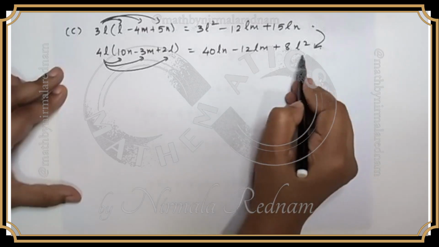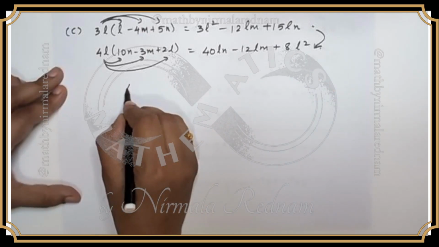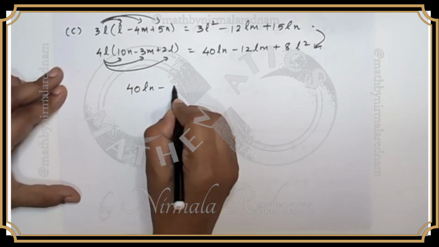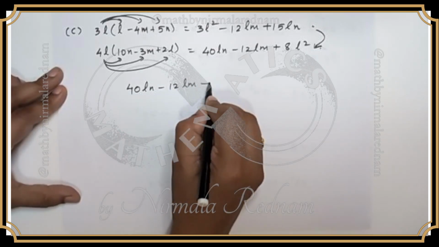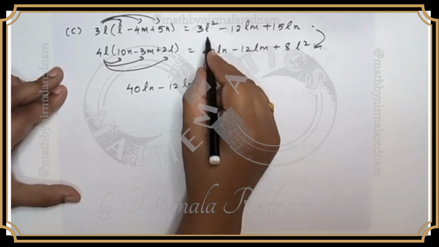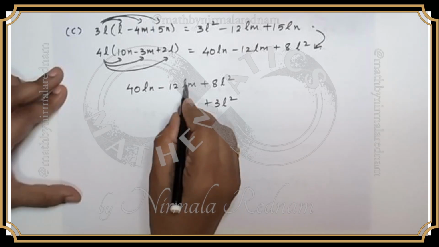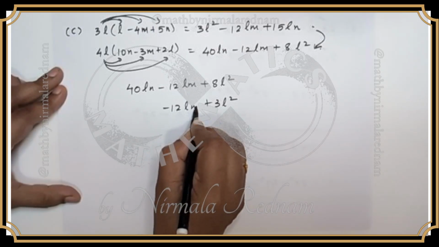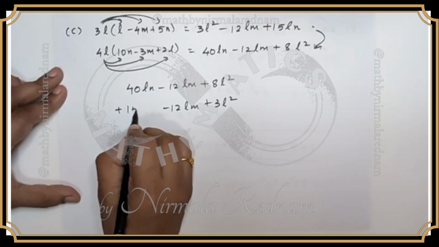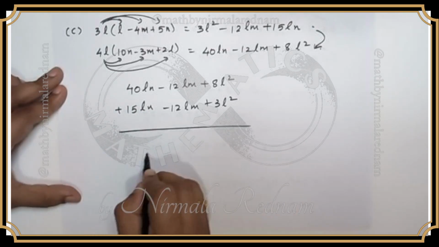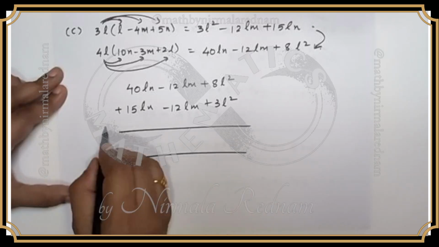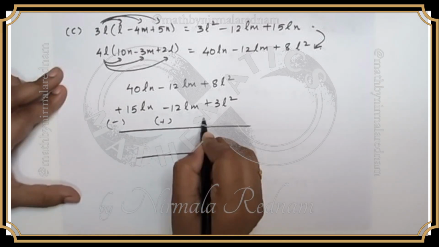Right? So, I'm going to write this first. I'll write the first expression as it is without rearranging any term. Next, I'm going to write the second expression. I have 3l square. I'll write it here. Lm term, I'm going to write it here, and ln term, I'm going to write it here. Now, since this is subtraction, I have to change the signs.